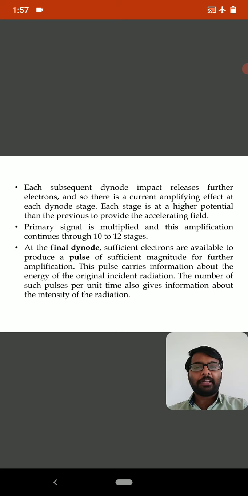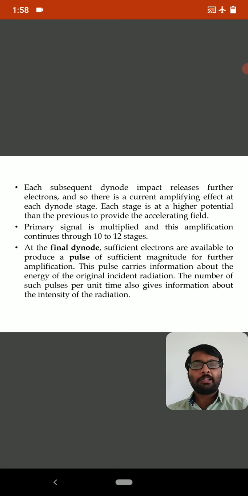At the final dynode, sufficient electrons are available to produce a pulse of sufficient magnitude for further amplification. So this pulse carries information about the energy of the original incident radiation.